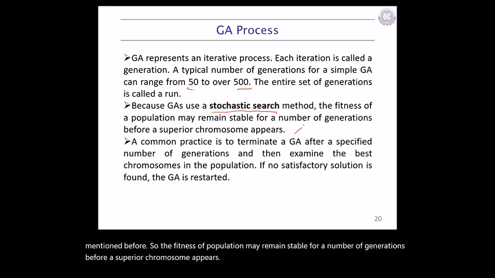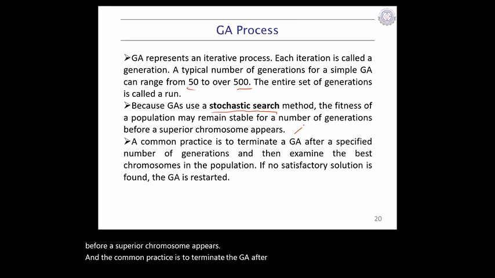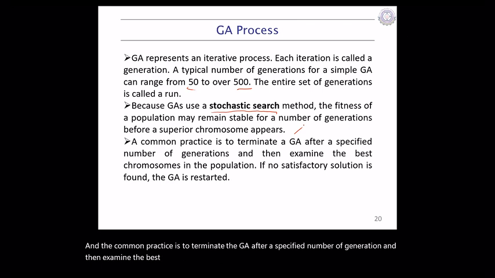A common practice is to terminate the GA after a specified number of generations and then examine the best chromosome in the population. If no satisfactory solution is found, the GA is restarted and the process begins again.